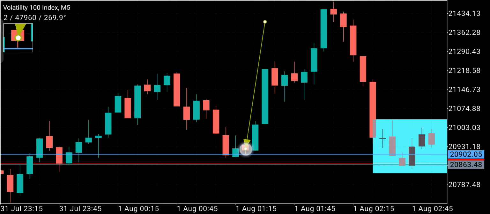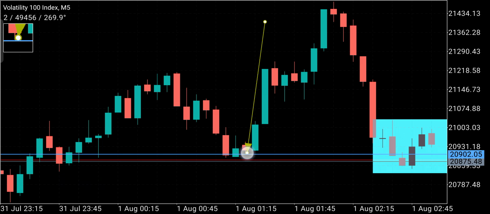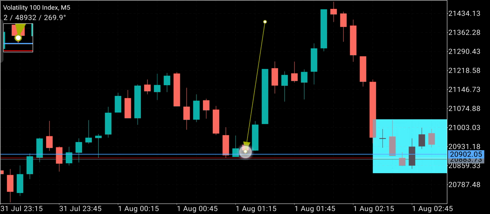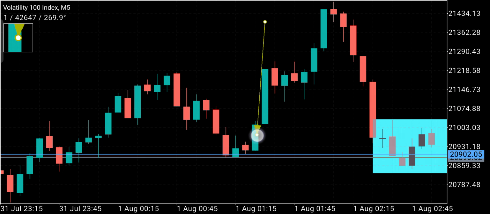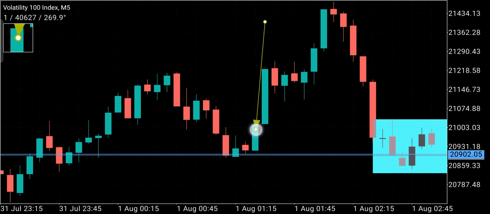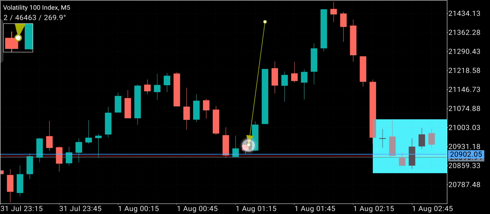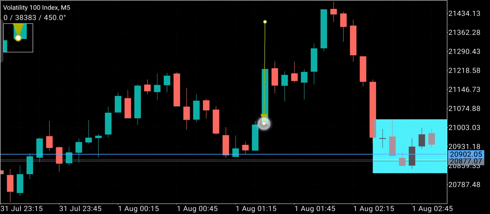Now, seeing such a small candle around a level of support, you start to look out for different types of candlestick formations. Either you want to see an engulfing candle, a bullish candle that would come and engulf this candle for you to get an entry. Then your entry comes in right here on this candle.